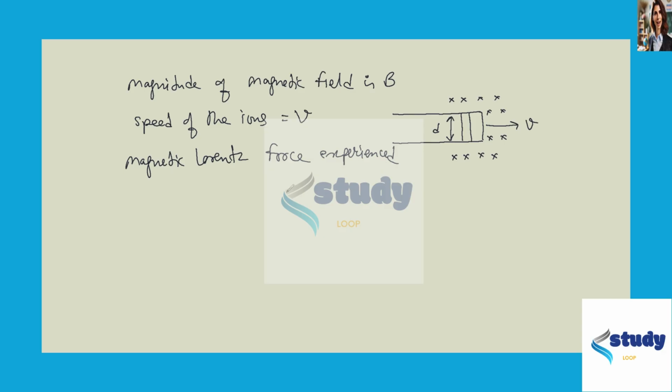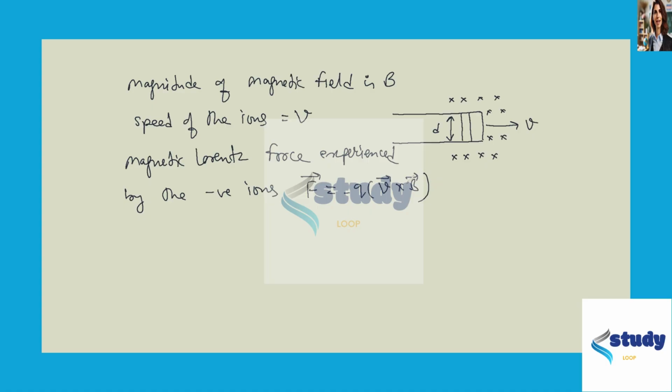Magnetic Lorentz force experienced by the negative ions will be given by Q, V cross B, where Q is the negative charge. So we can put a negative sign here.